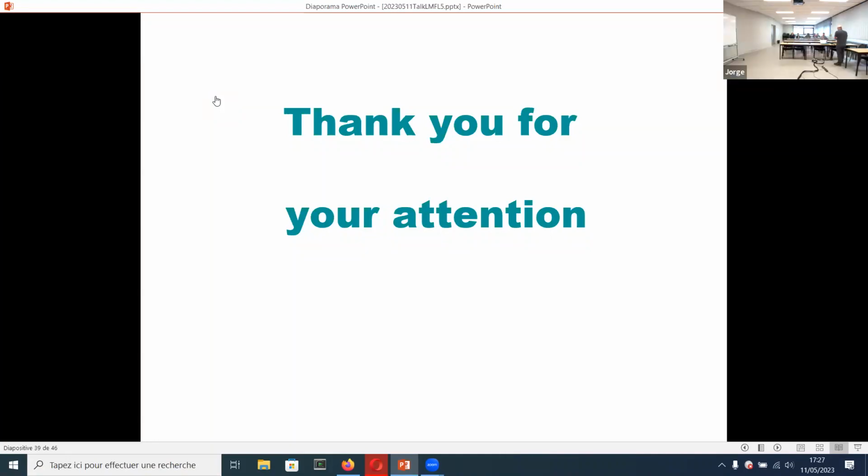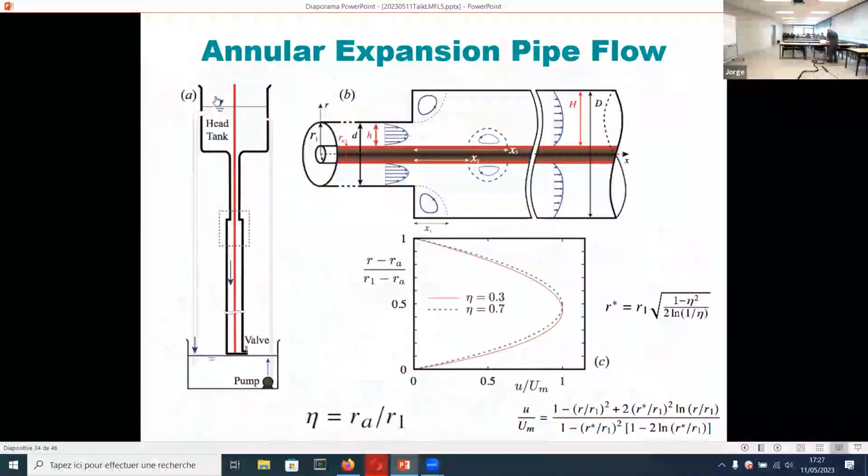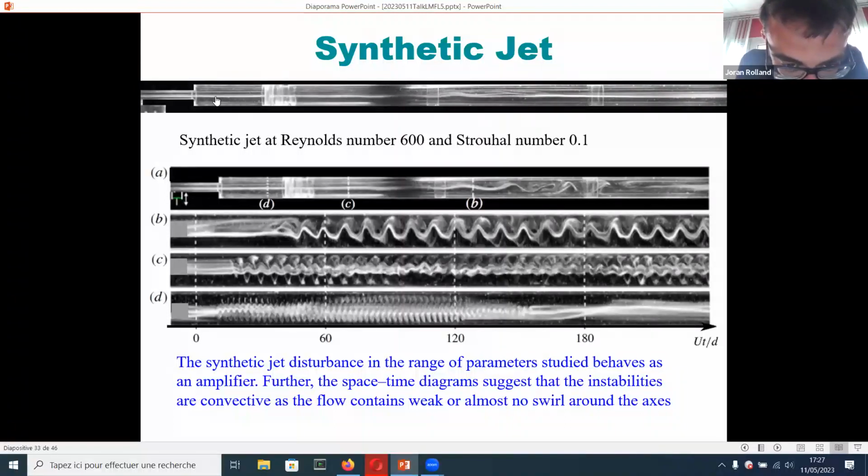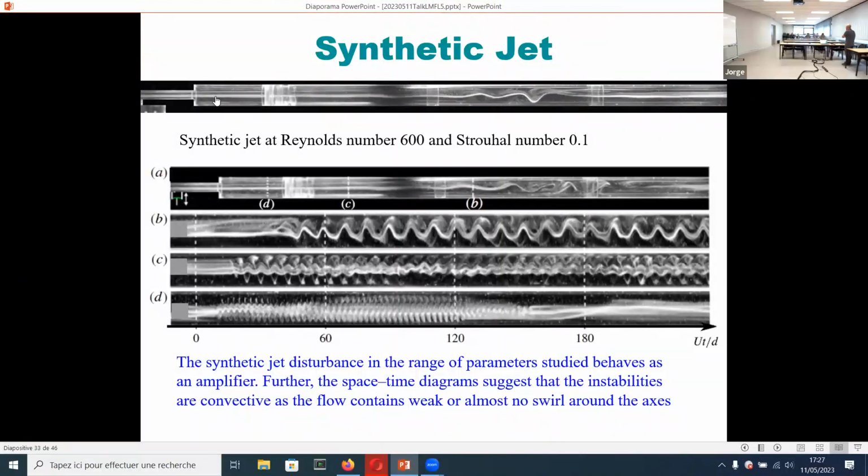Yes, I may want to start. Can you go back to, I think this is slide 33? Yes, this one. So you are showing that the frequency of the phenomena you are observing is changing depending on the axial position, right? Yes. And this is the case where you are making an excitation with a synthetic jet which has its own frequency.